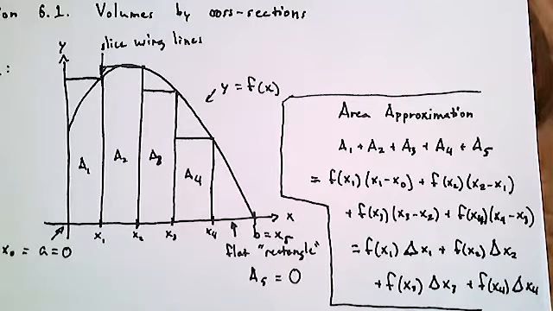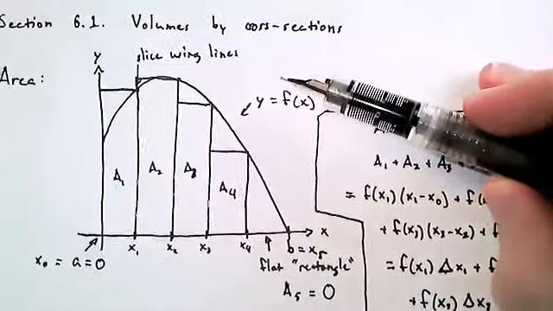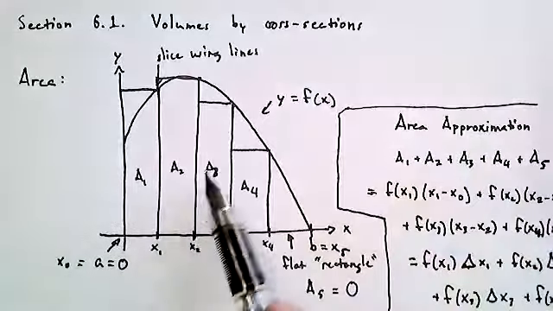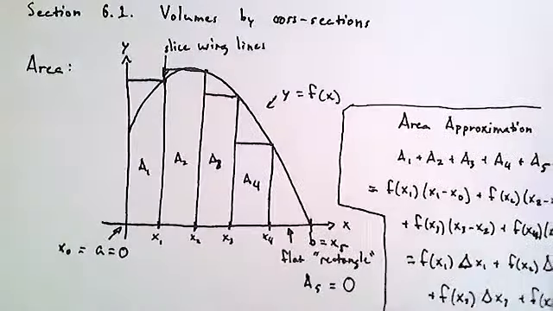Does anyone remember how we would improve our approximation for the area? More rectangles. Right. So if I wanted a better approximation, I could divide up my original area, this one, into more and more rectangles to get better approximations.